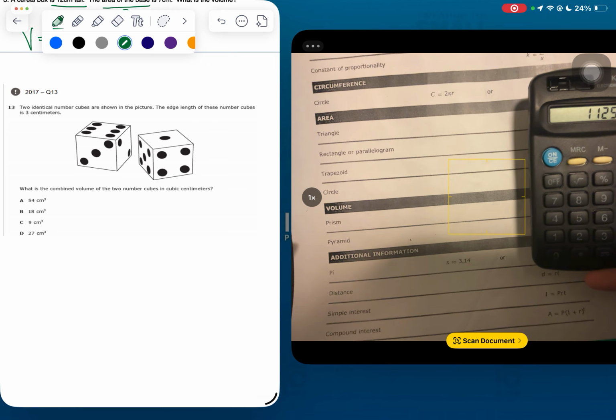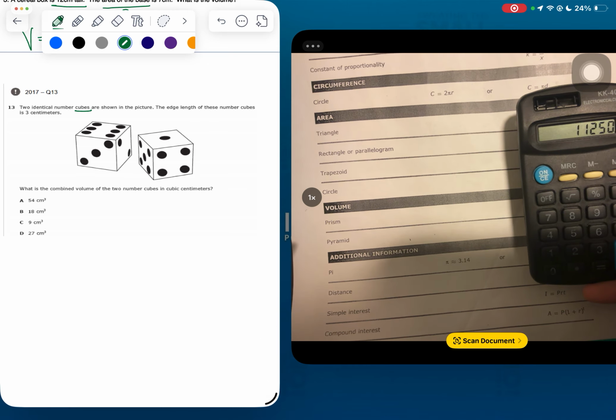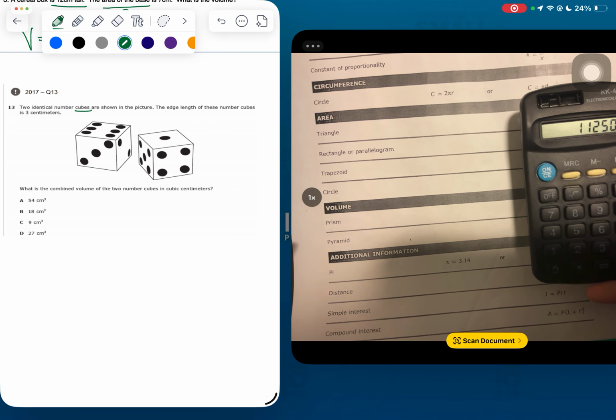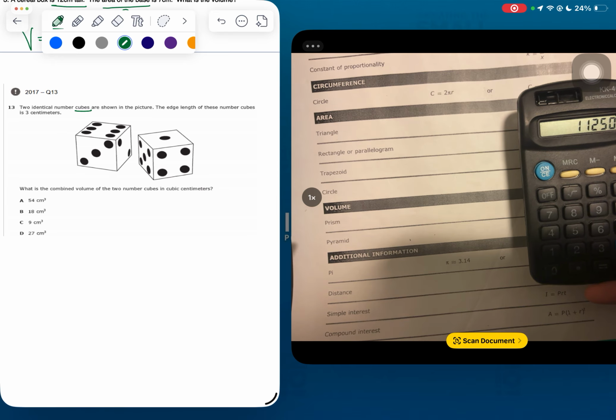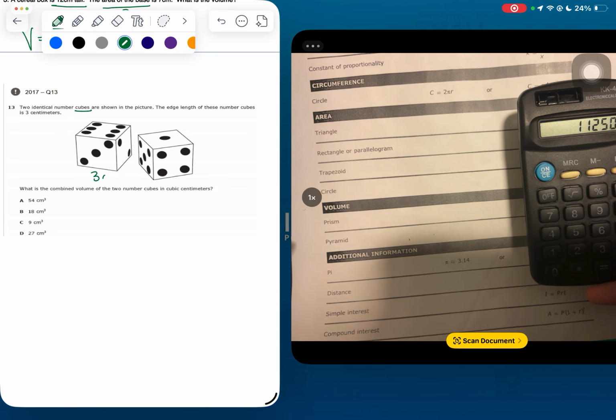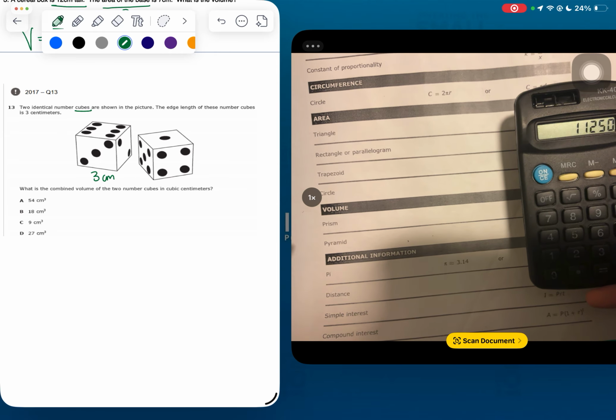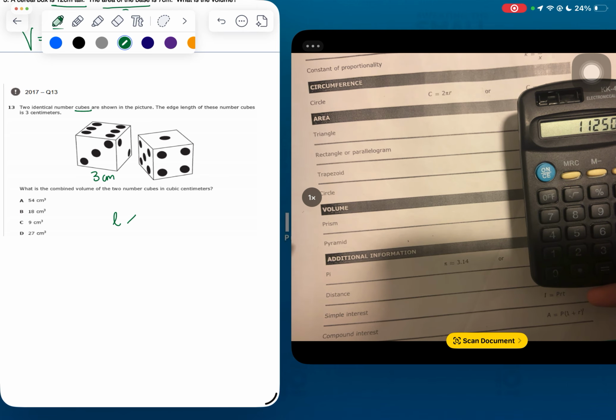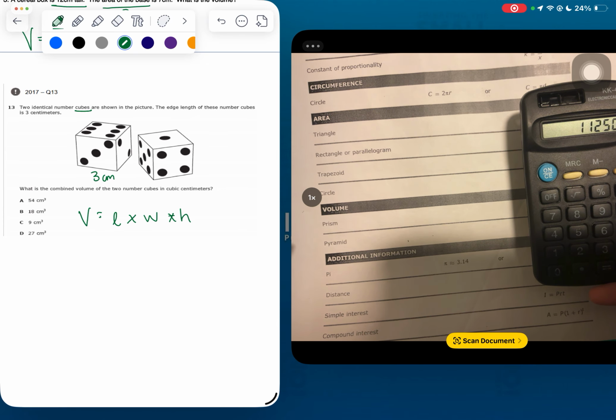This one, whenever you have a cube, it's going to be the same thing. But this one, you have two cubes. The edge of one of the cubes is 3. But a cube means that the length, the width, and the height are going to be the same number.